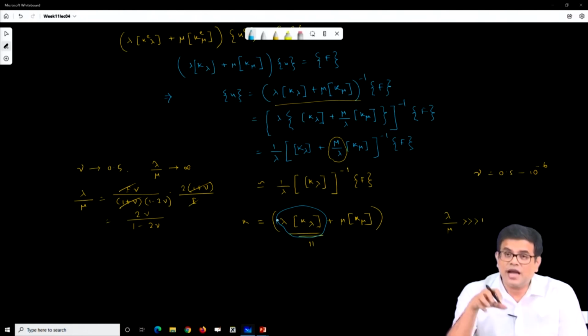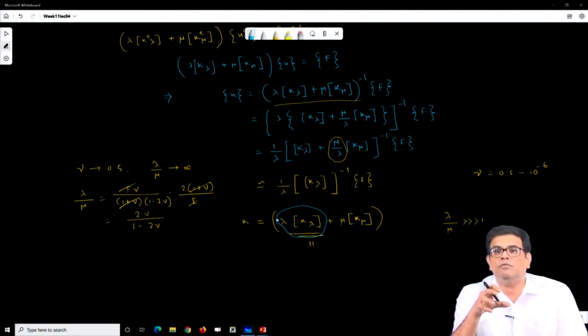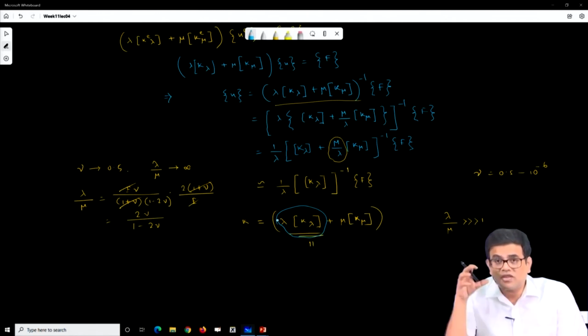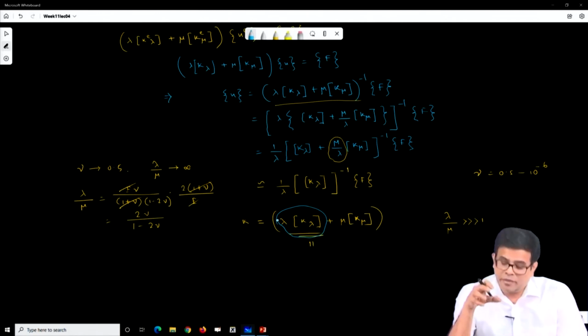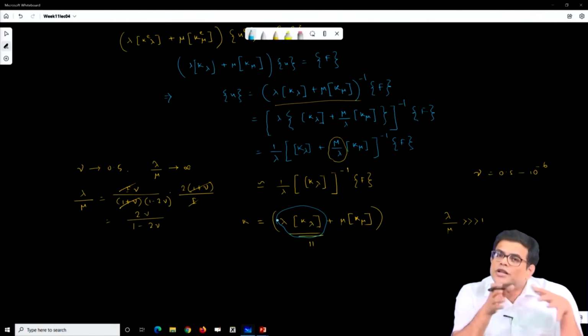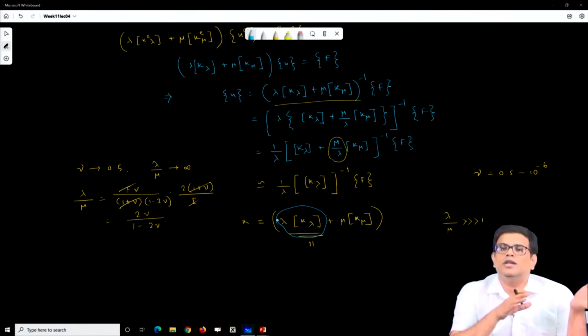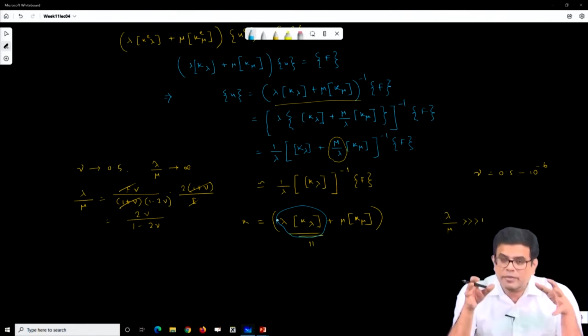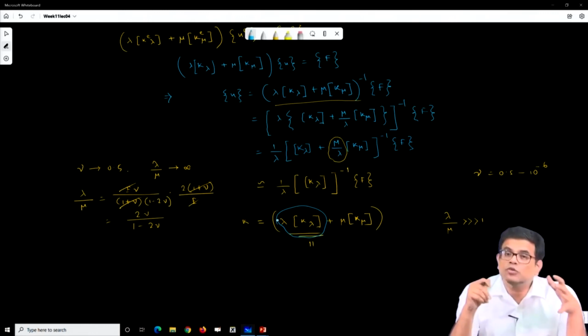So, that's a kind of penalty. Lambda acts as a penalty kind of parameter in the stiffness matrix. So, all deformation will try to follow the volumetric deformation. That's the main explanation for this volumetric locking.